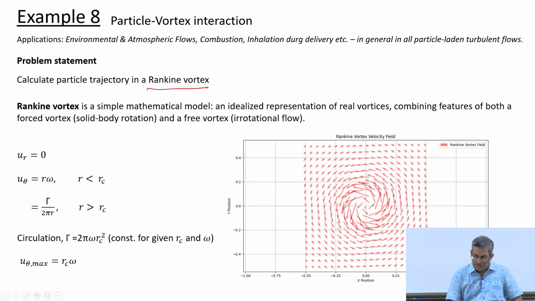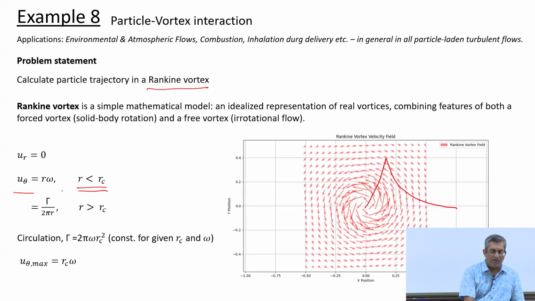If we plot the velocity, it will look something like this. First you have solid body rotation. Within a critical radius, it behaves as a solid body. So the tangential velocity is equal to r times omega, where omega is the angular velocity. That is why it increases.